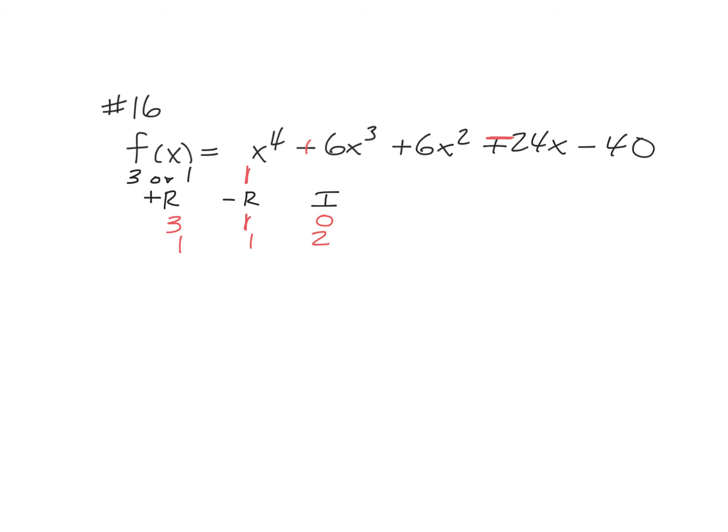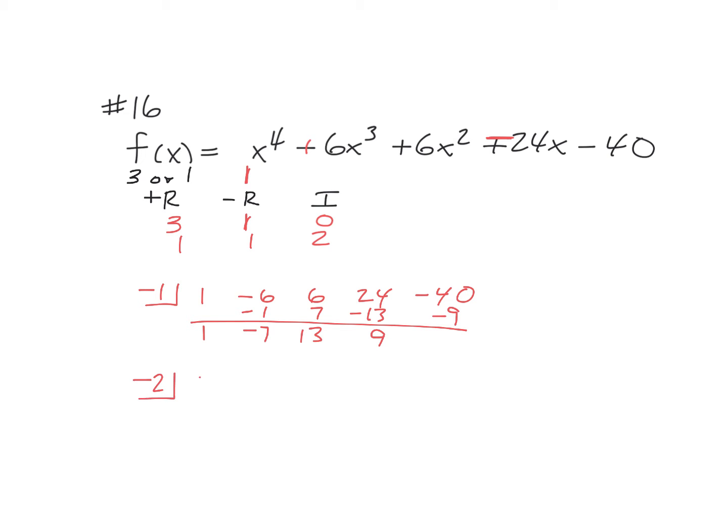So what I'm going to do is try to find that first negative real. I could check -1 using that original equation, so it would be -6, +6, 24, and -40. And if I do this synthetically, this is not looking good. That's not going to work.